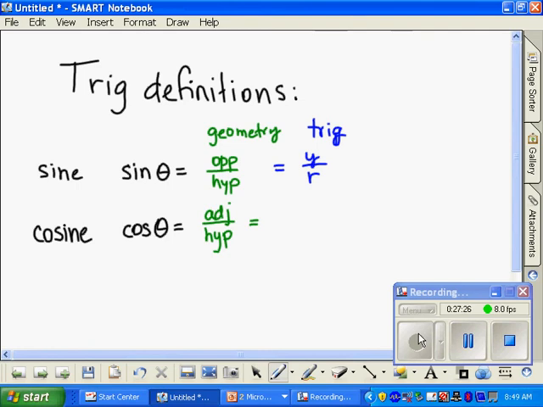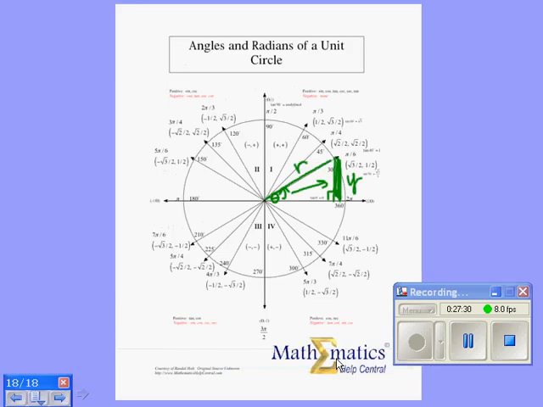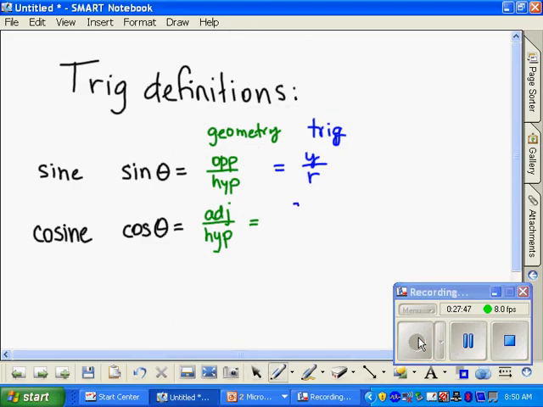What was it? Do I need to flip back? Good. It was the x. Let's take a look at it. Here's my triangle. The green y was the opposite side, but this right here, that's my x. That's my adjacent side. So if it's adjacent over hypotenuse, then it's x over r.